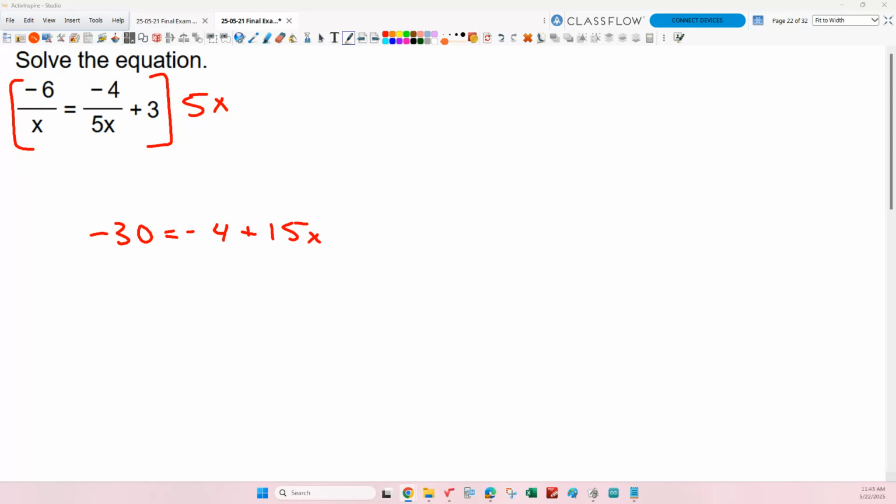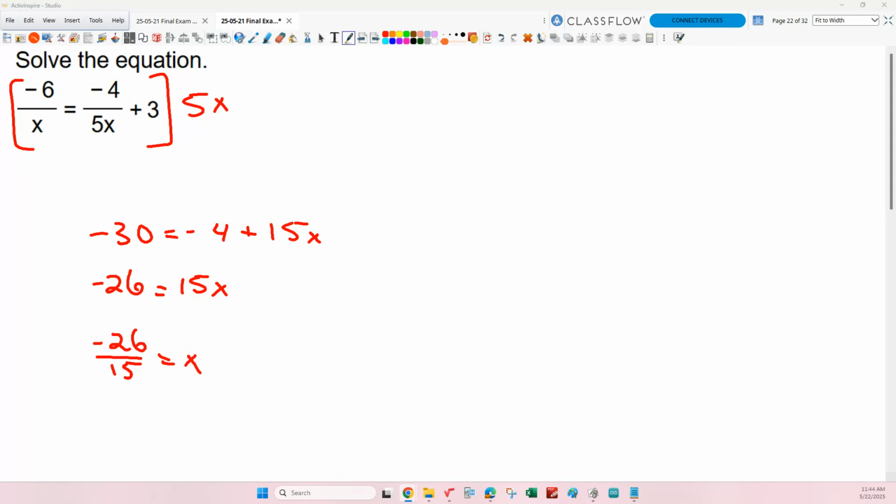Okay. How do we solve for x? Add 4, so then I can get negative 26 plus 15x. So what's my x value? Negative 26 over 15.